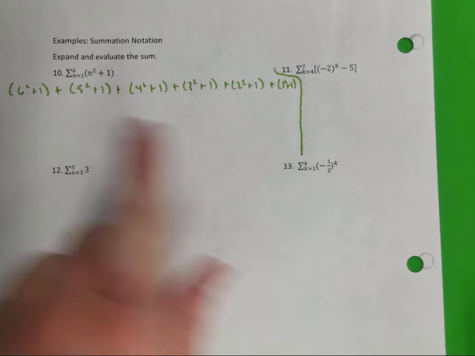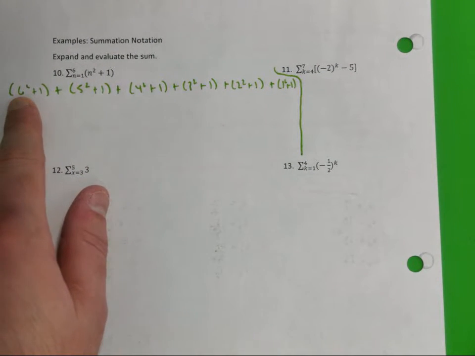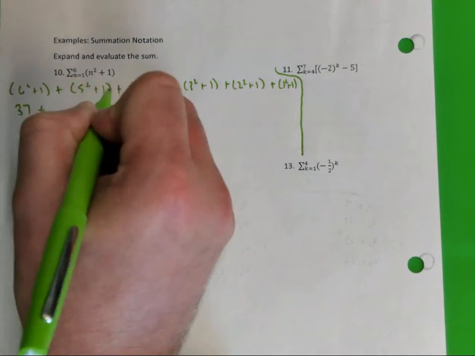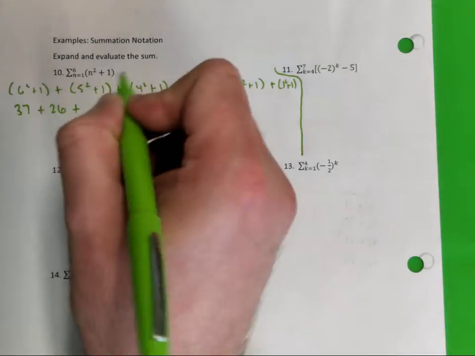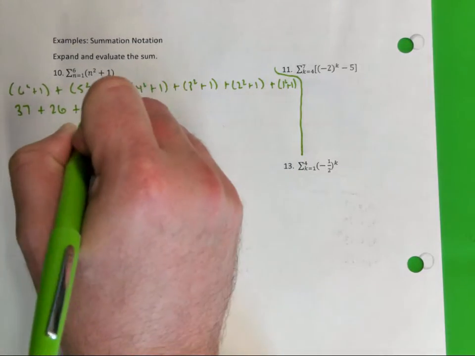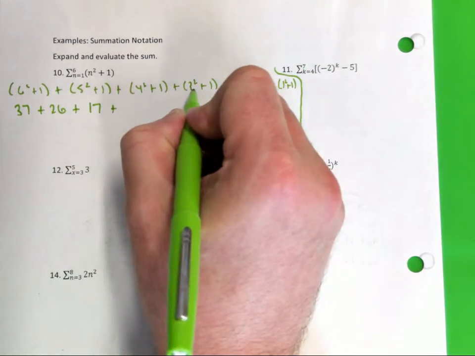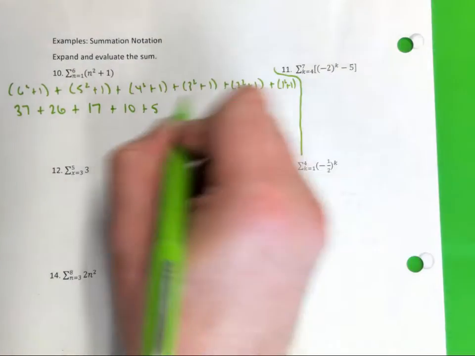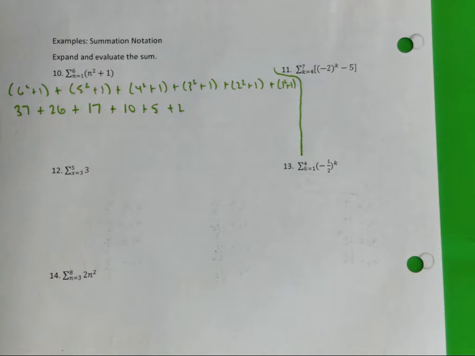And you can do some of this in your head. What's 6 squared plus 1? 37. 5 squared is 25 plus 1 is 26. 4 squared is 16 plus 1 is 17. 3 squared plus 1, that's 10. 2 squared plus 1 is 5. 1 squared plus 1 is 2, and then add those numbers together.